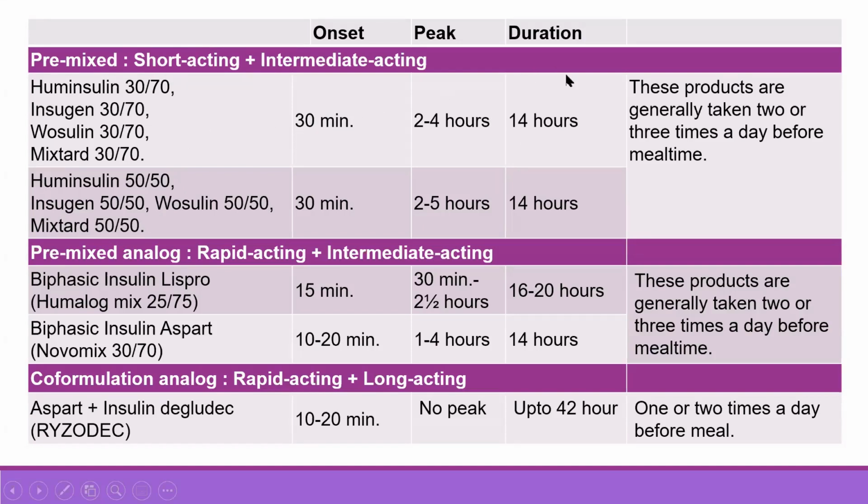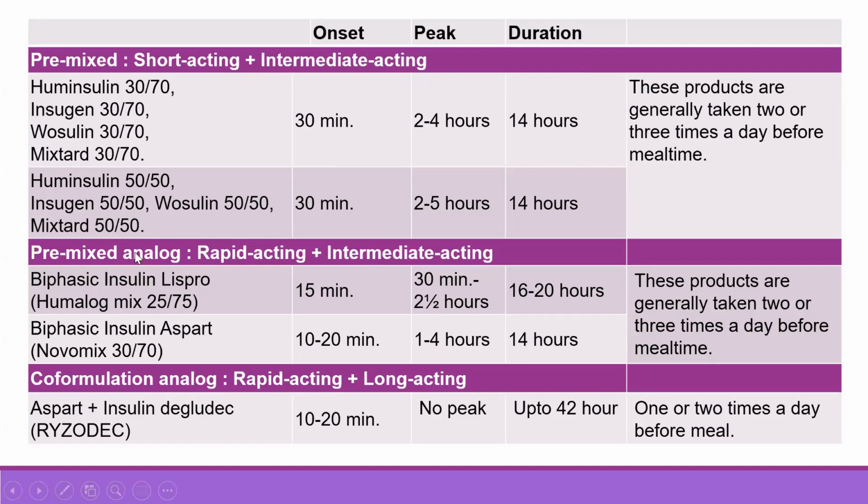So giving NPH insulin before breakfast and another before dinner will cover the whole 24 hours as the basal insulin supplementation, and the two short-acting insulins will cover the breakfast and the dinner. Lunch basically remains uncovered, and therefore sometimes you have to give something at lunchtime. It may be a small tablet or it may be another short-acting insulin.